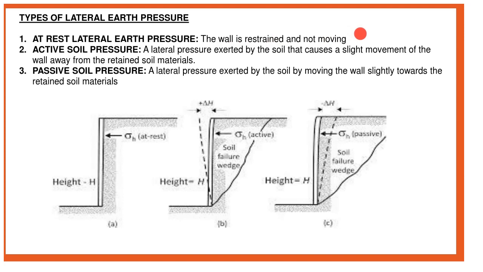So the wall is restrained and not moving. Pag sinabi naman nating active soil pressure, yung lateral pressure exerted by the soil that causes a slight movement of the wall away from our retained soil materials. And pag sinabi nating passive soil pressure, our lateral earth pressure exerted by the soil by moving the wall slightly towards our retained soil materials.